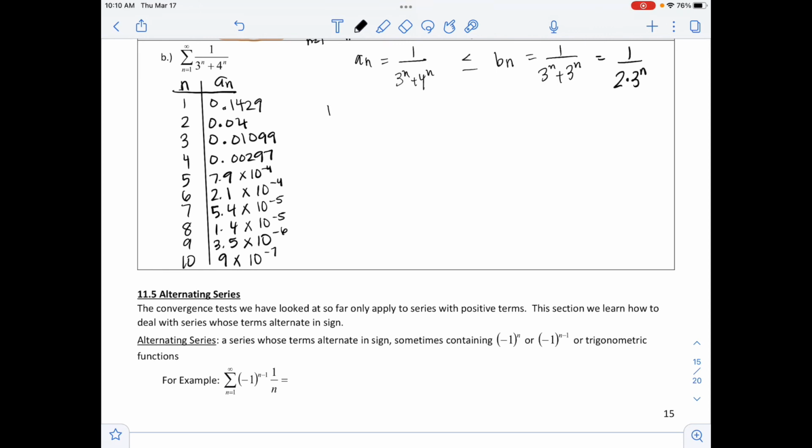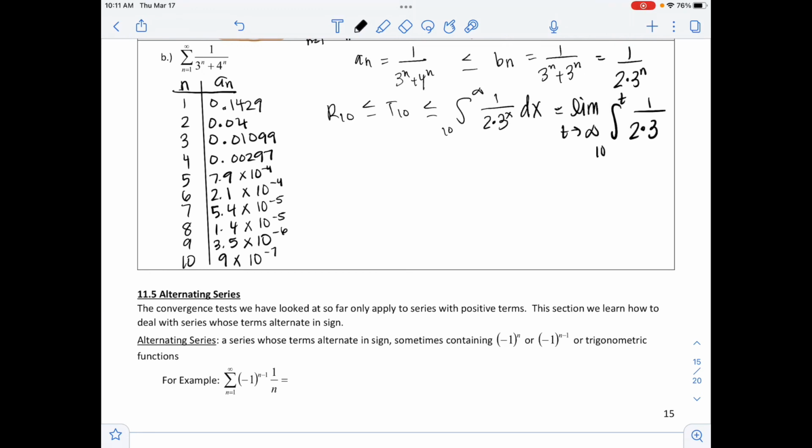And we know that r sub 10 is less than or equal to t sub 10, which is less than or equal to the integral from 10 to infinity of b sub n. And I'm going to go ahead and write my b sub n in terms of x's. And so I'm going to have 1 over 2 times 3 to the x dx. And rewriting this as a limit, I'm going to use t approaches infinity of the integral from 10 to t of 1 over 2 times 3 to the x dx.